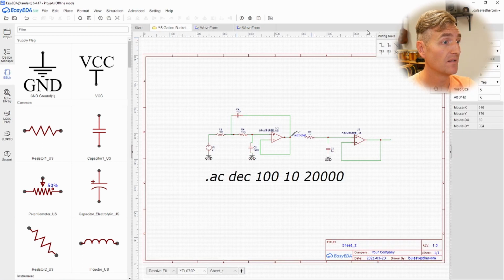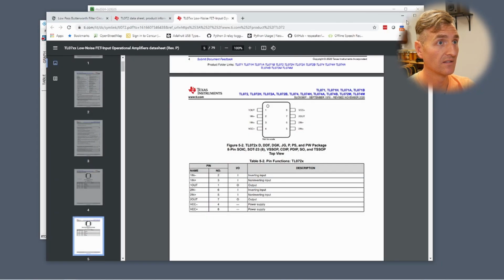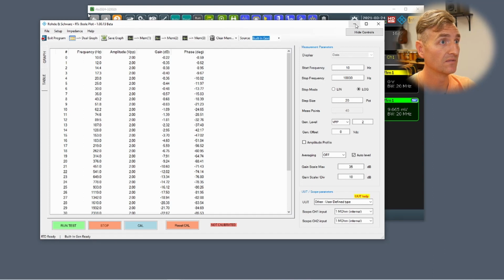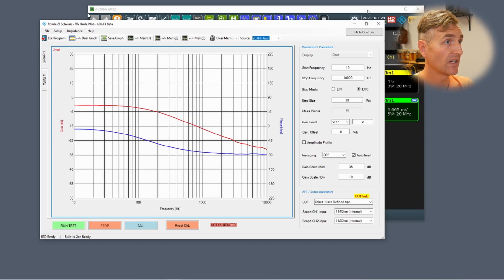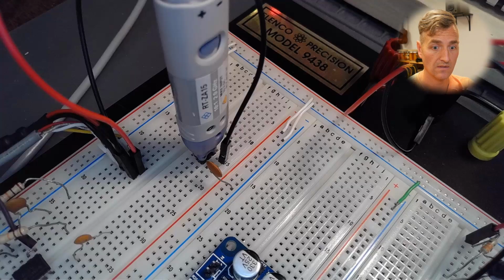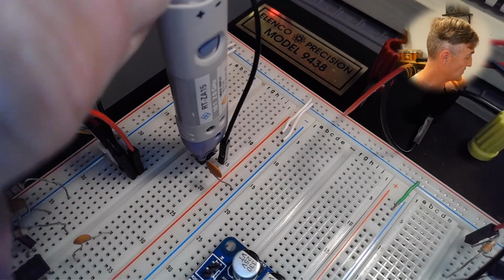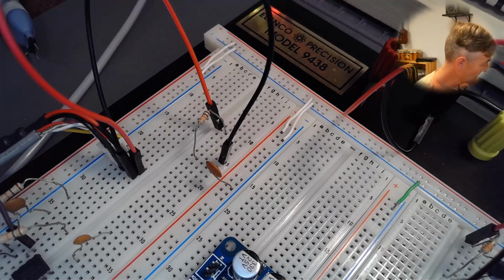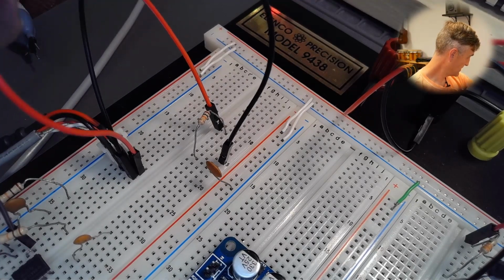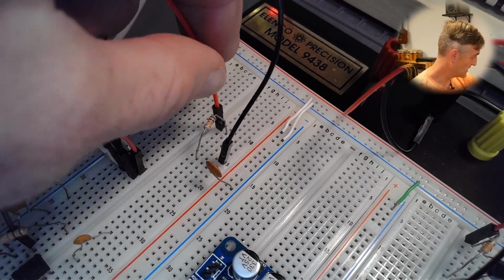Does my simulation match my measurement? I do not know. But what I do know is I can look it up really quickly. So let's do that. I have this red cable, which represents my audio input.